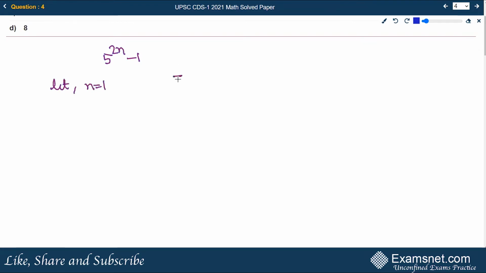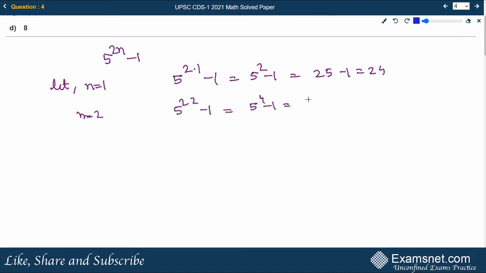It will give us 5 square minus 1, 25 minus 1, that is 24. Correct. Next, if I check for n equals 2, it will be 5 to the power 2 multiplied by 2 minus 1.